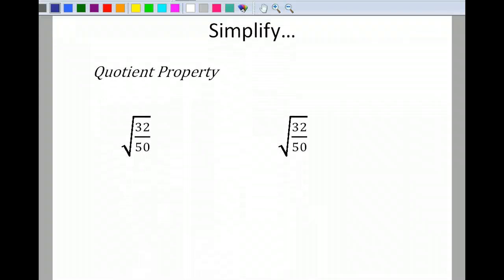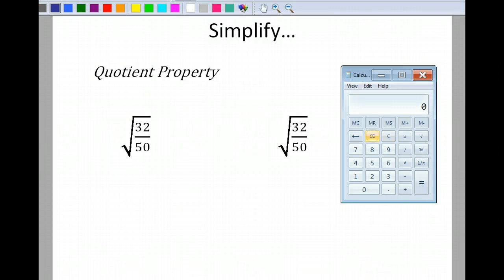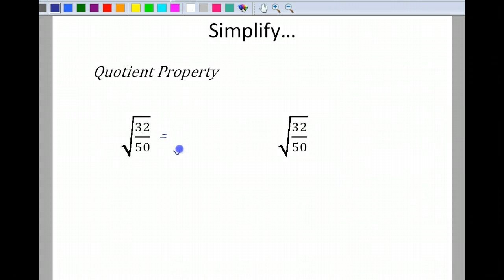Okay, now here's a couple of more. I have the square root of 32 over 50. Now the first thing I notice is that these guys are both even, so I'm going to see if they'll simplify. Let's see, so what's 32? I'm just going to start off with 2. Oh, so that's the same thing. That gave me 16 if you didn't see.